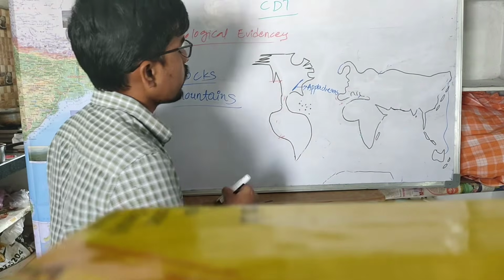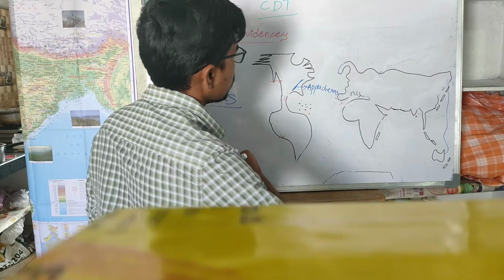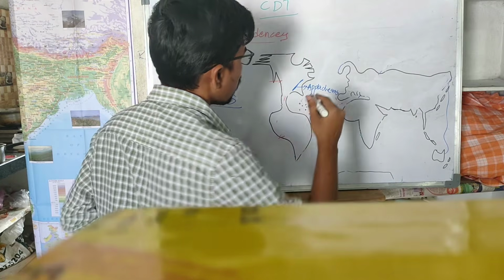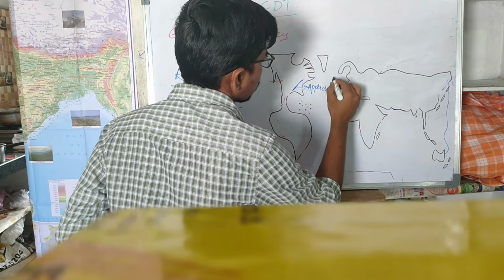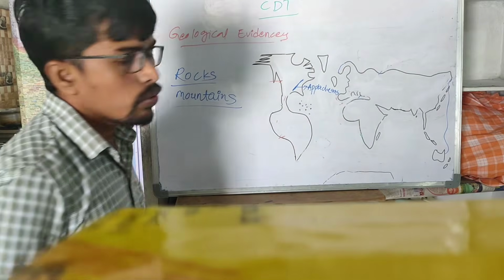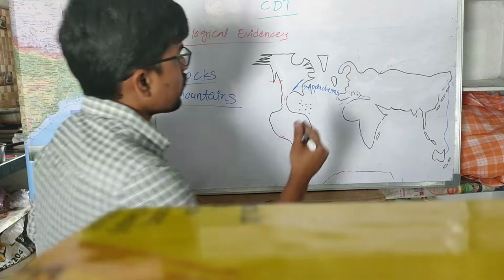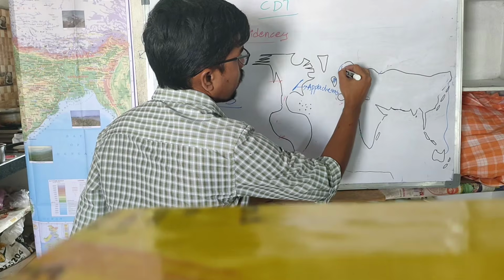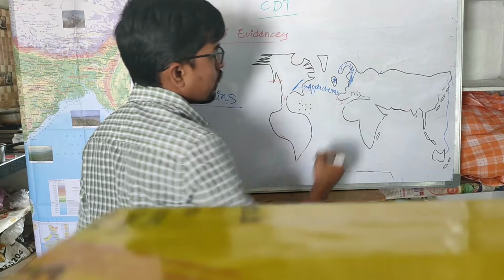Ireland. Here we located, the map is very small. This was Greenland, this was Iceland. So the mountains in Ireland, Wales, and in some Scandinavian countries have similar properties.